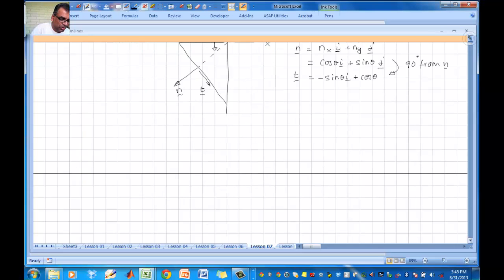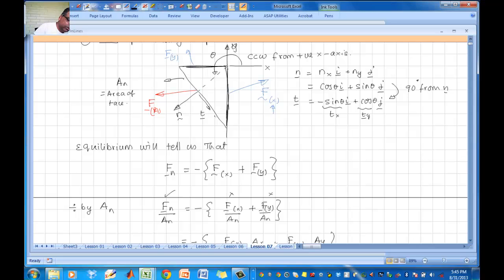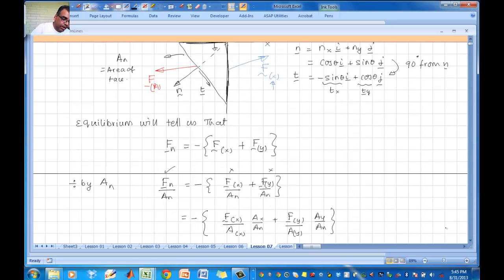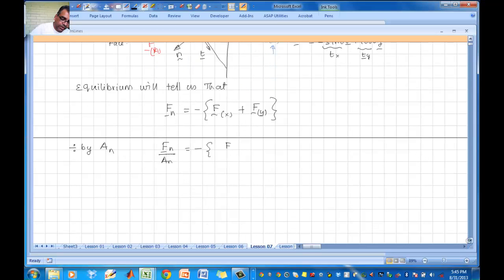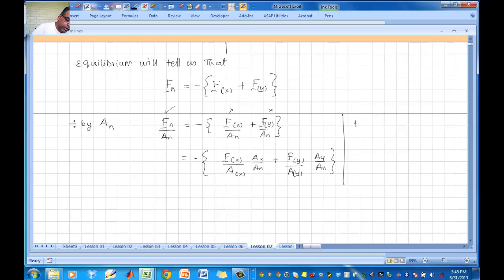Now comes the beautiful trick. Turns out that by looking at the trigonometric aspect, trigonometry will tell us that minus Ax over An equals nx, that is cos theta, minus Ay over An is ny, which is sin theta.